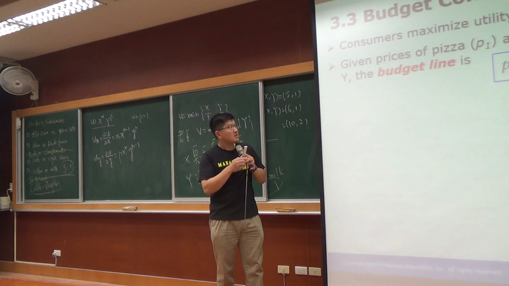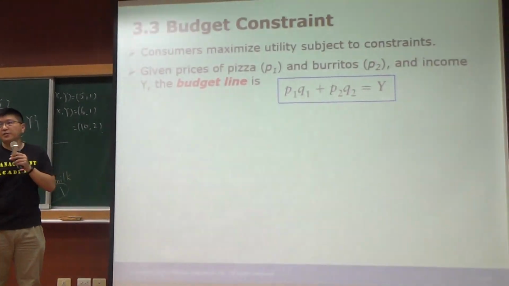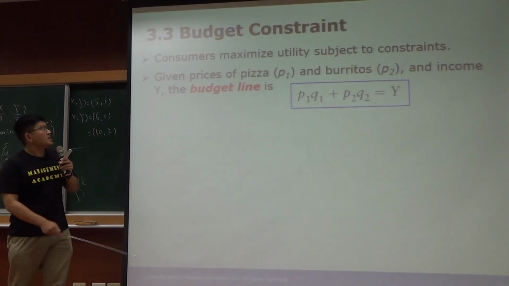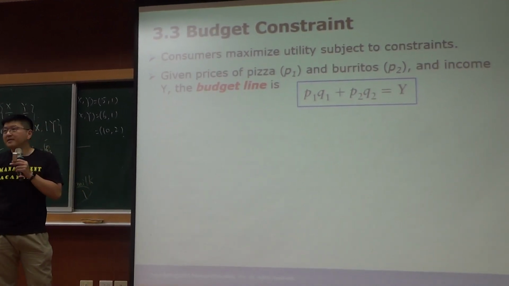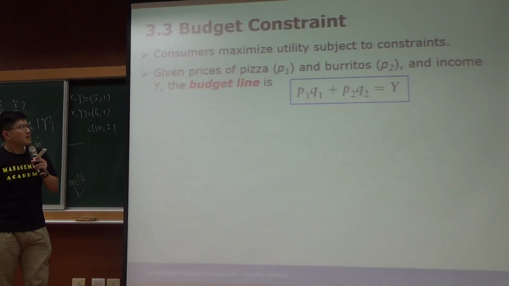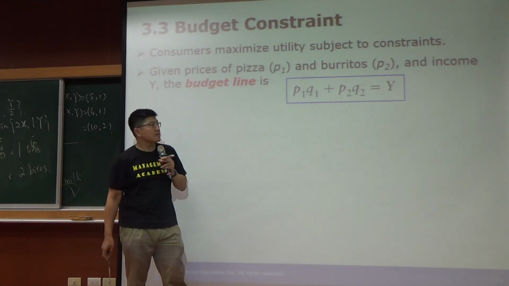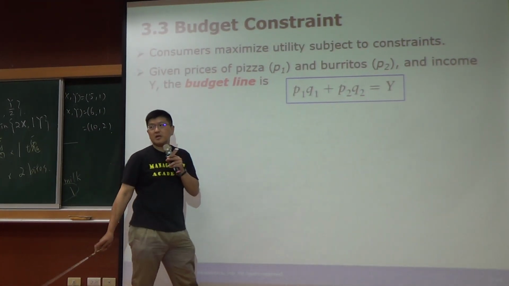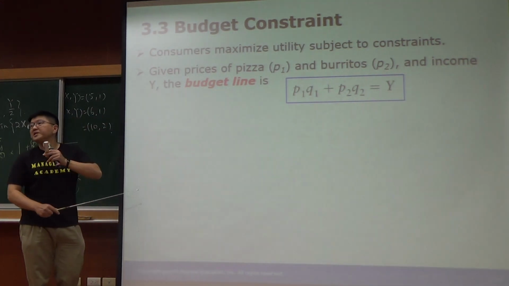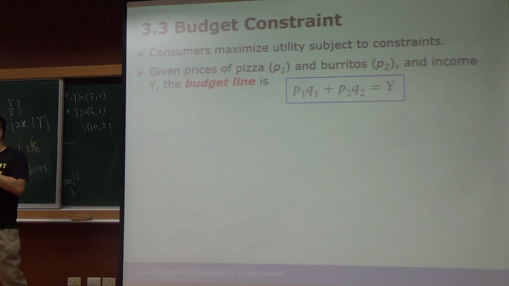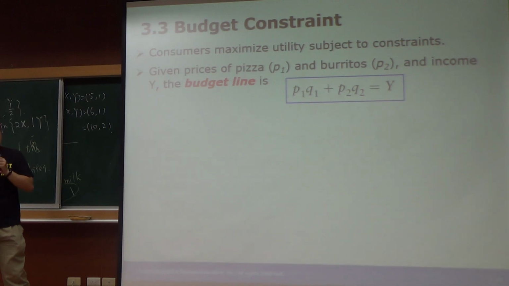And now, let me introduce the monetary ones to you. So given prices of pizza and burritos, if Q1 denotes the number of pizzas and Q2 the number of burritos, then P1 and P2 are prices of these two types of goods respectively.